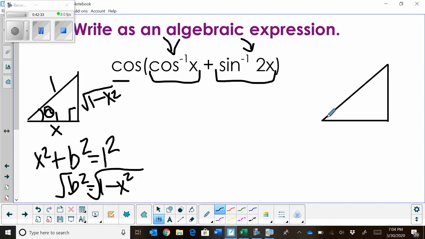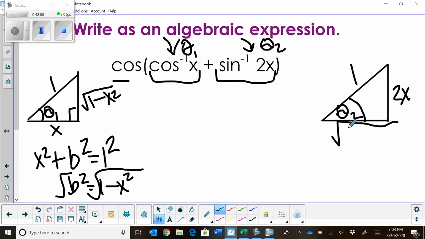We're going to do the same thing over here for the second angle. This is theta 2, and this is theta 1. We don't know the angles, but we know we've got a ratio of those. So theta 2, we have a sine, and for sine, that's your opposite over your hypotenuse. The hypotenuse must be 1. So what do we know this adjacent side is?